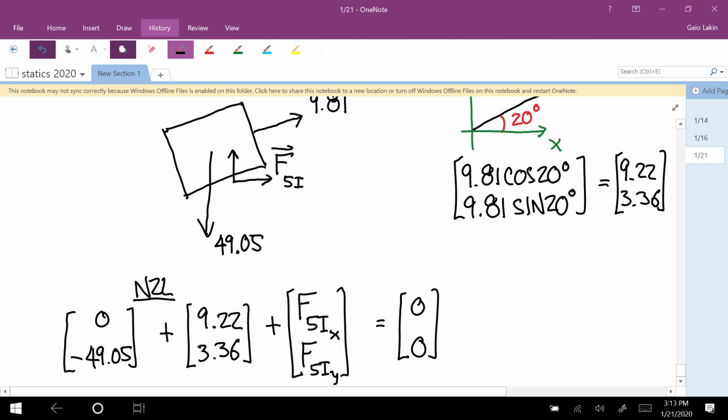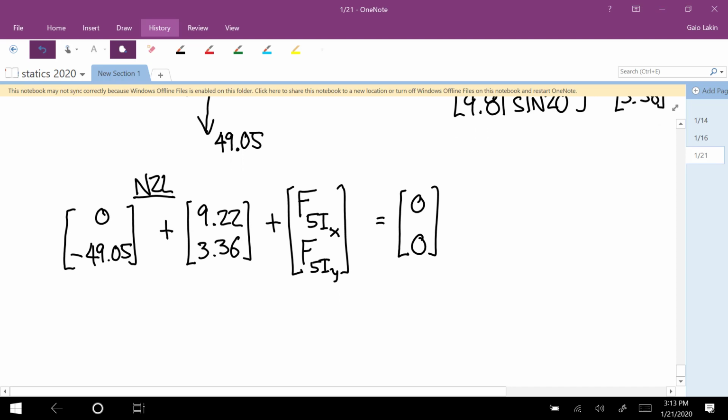And now that's just two separate equations, and you're calculating those F components. So F5I as a vector, the x component is negative 9.22.